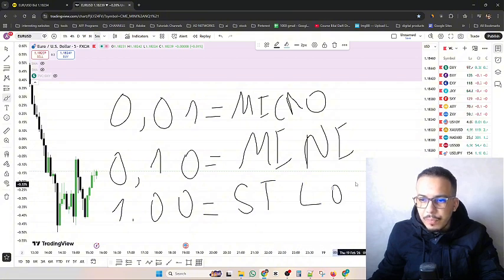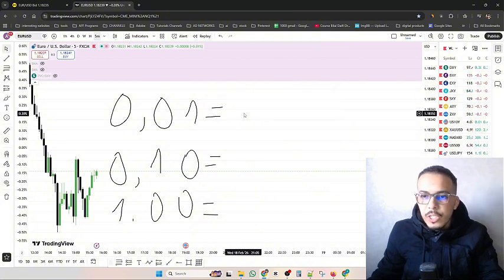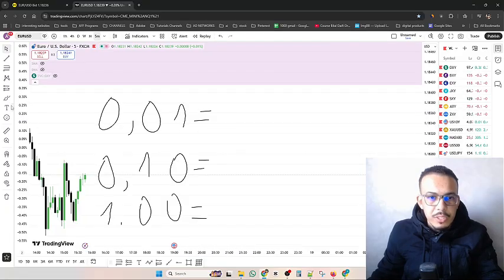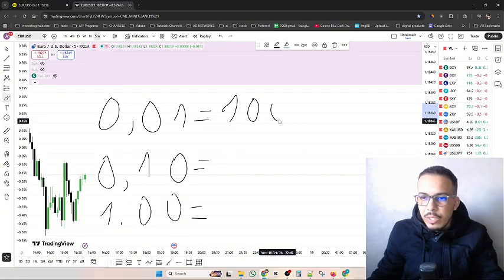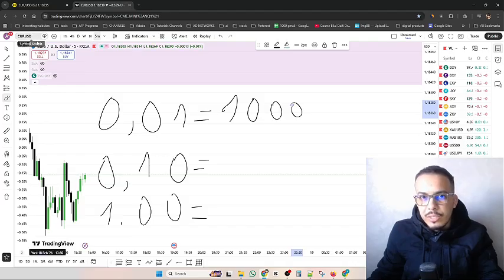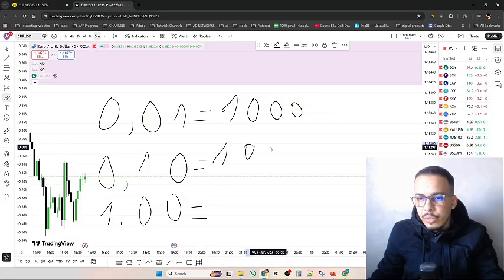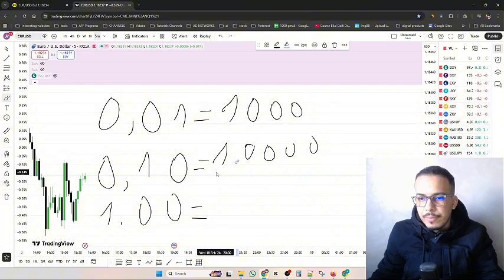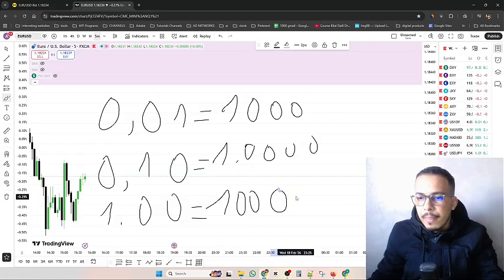Standard lot. 0.01 equals 1000 units. 1000 of this currency pair, for example. 0.10 equals 10,000 units. And this one equals 100,000 units of that currency pair, okay?